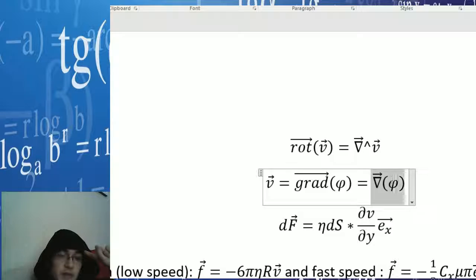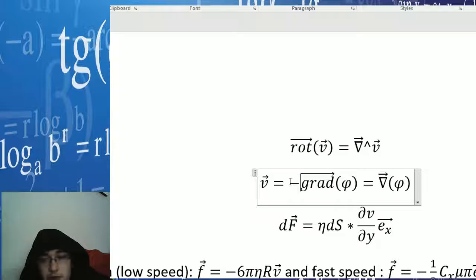Just a little parenthesis, you have exactly the same formula for electric potential, and it's exactly the same thing. It's a potential, except that there is a minus, but it's just a convention.